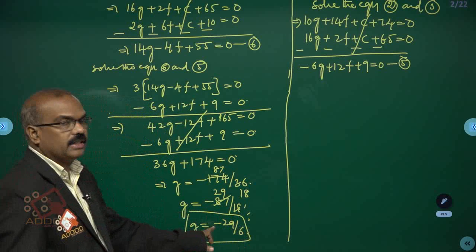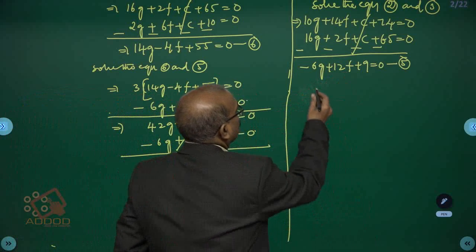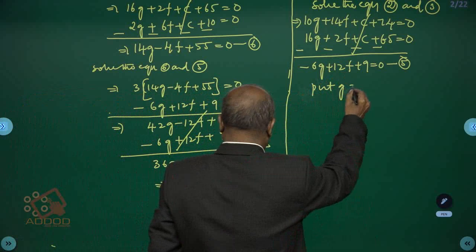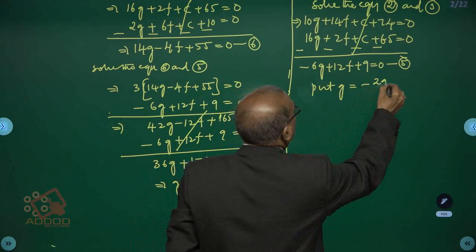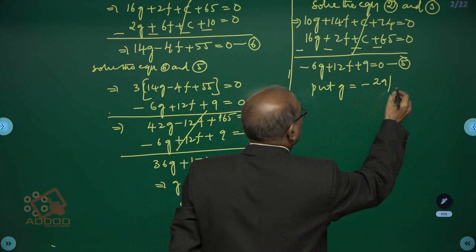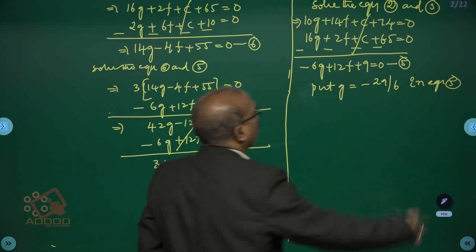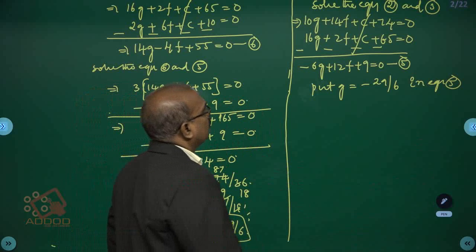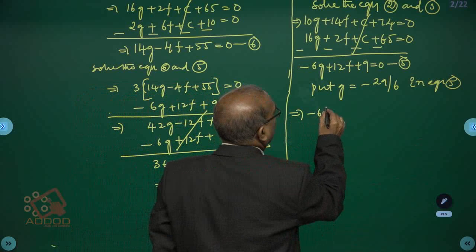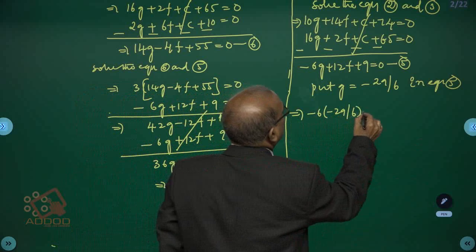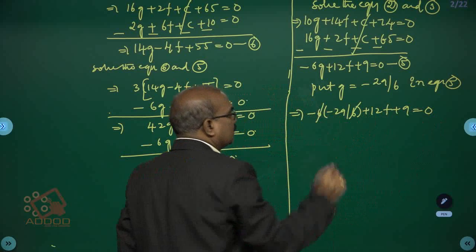So from that, if you write the G value in any one of the equations, put G is equal to -29/6 in equation 5. So that is -6 into -29/6 plus 12F plus 9 is equal to 0. So this 6 gets cancelled.